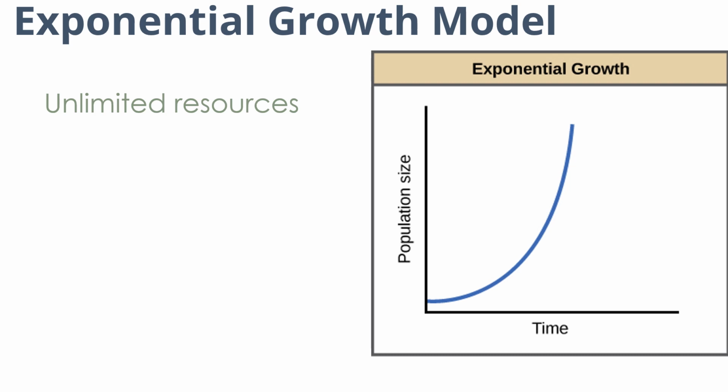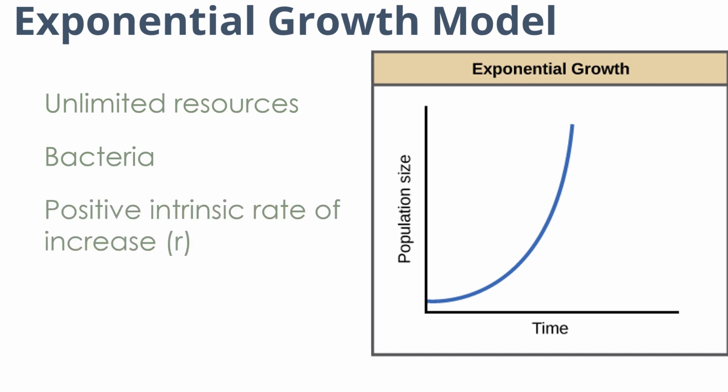The important concept of exponential growth is that the population growth, or the number of organisms added in each reproductive generation, is increasing. So in mathematical terms, the derivative of this curve, or the slope, is accelerating at a greater and greater rate. And so this is typical of bacteria, for example, where they have a positive intrinsic rate of increase, or r.